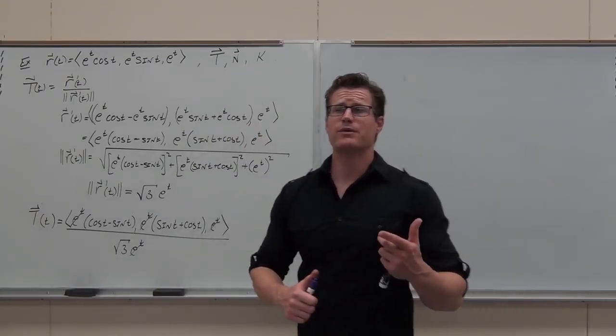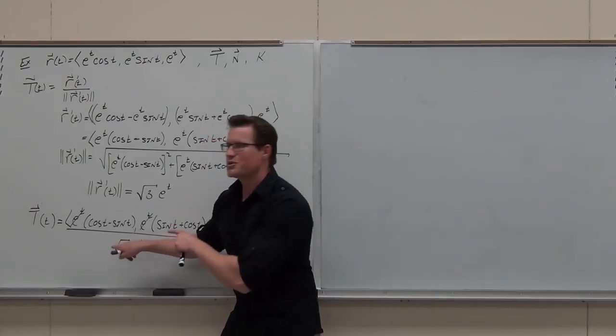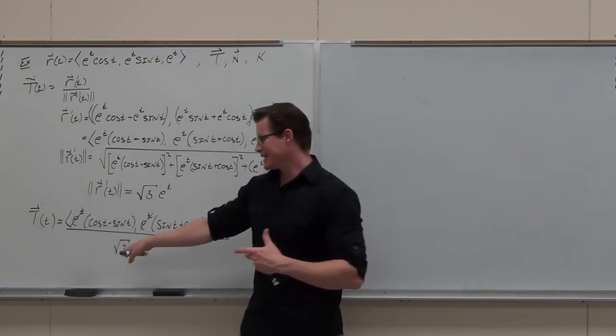Now, tell me right now, with what we've learned in the very last example that we did, what are you going to do with that root 3? Are you going to distribute, or are you going to move it out front? You can't leave it here.